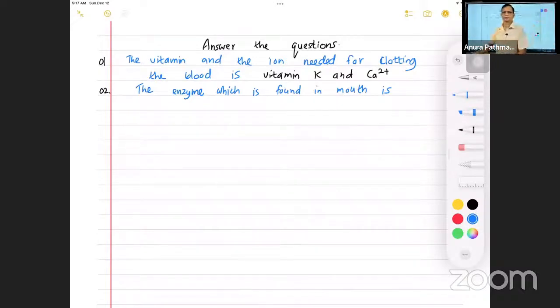What is it? The enzyme which is found in the mouth is. No answer? Please. Which enzyme is found in the mouth?